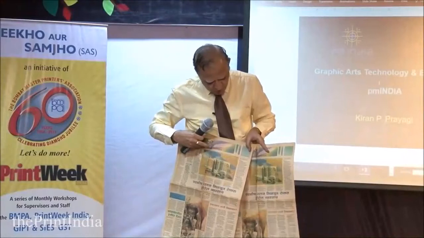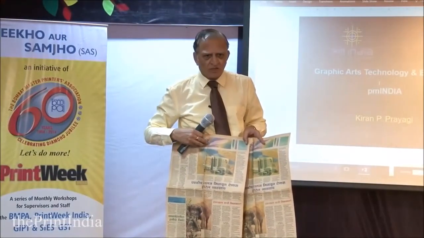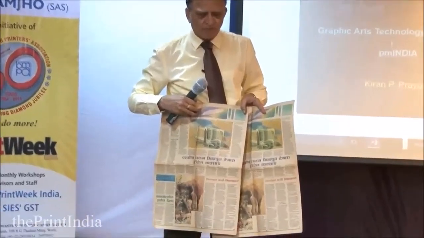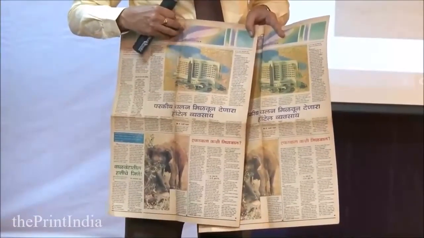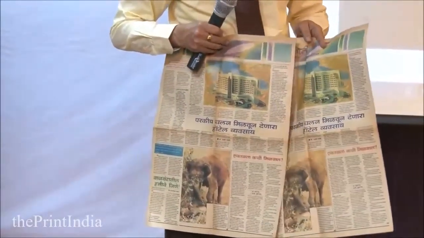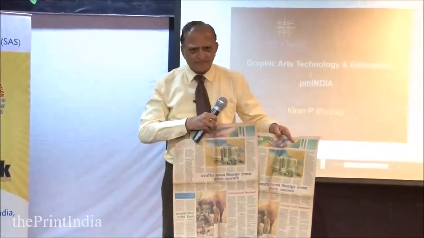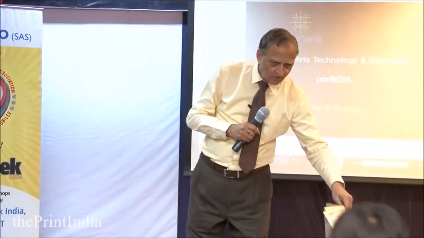So you can see this one looks flatter than here. Same newsprint. We just change the sequence and print it again. See, everything same. So in one you get a better perspective, better depth, better three-dimensional effect compared to the other one.